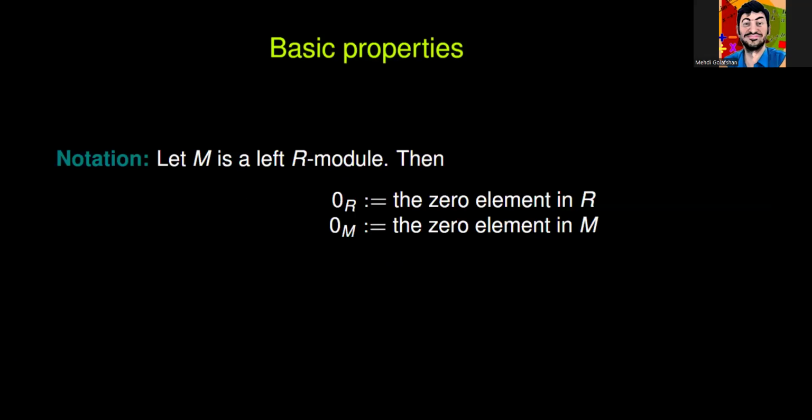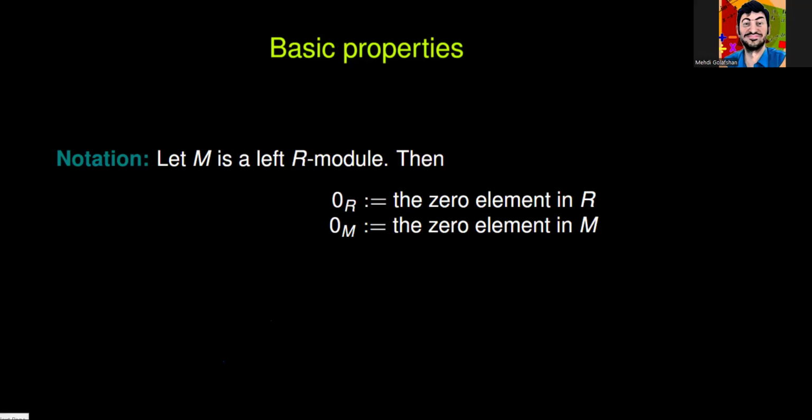Let M be a left R module, and then 0 with index R is the zero element in R, and 0 with index M is the zero element in M. Sometimes we don't need to write the index of the zeros, but right now we want to use both of them simultaneously. That's why we need to make a difference between them.